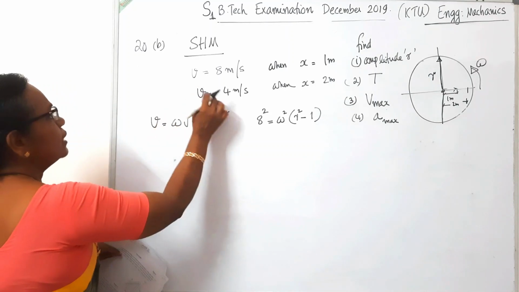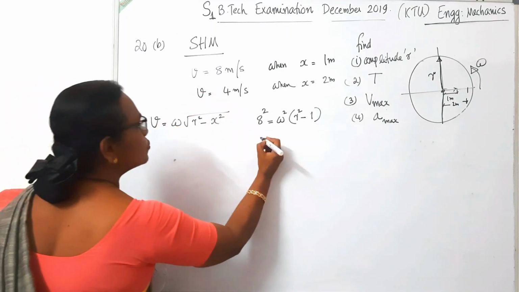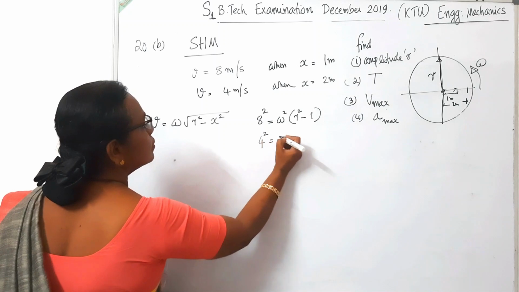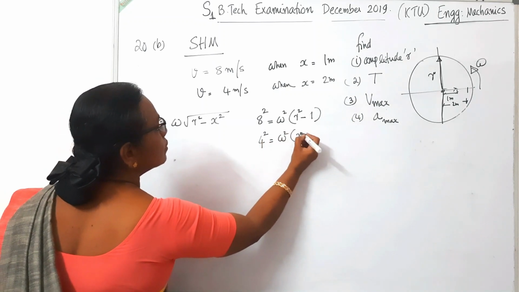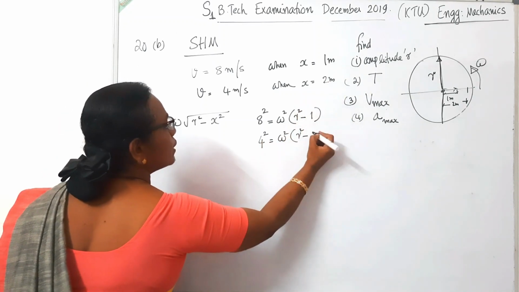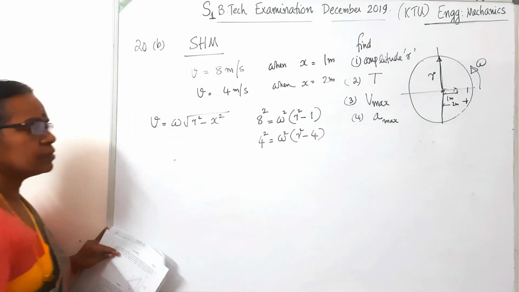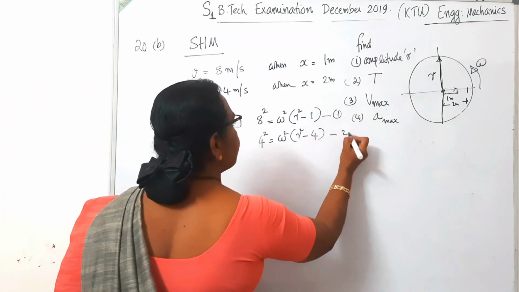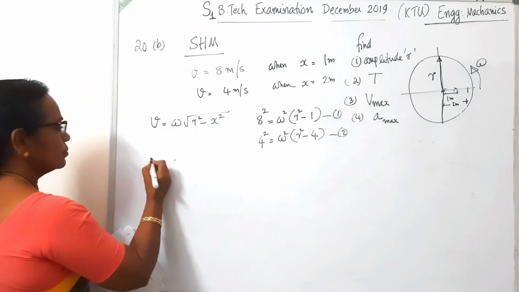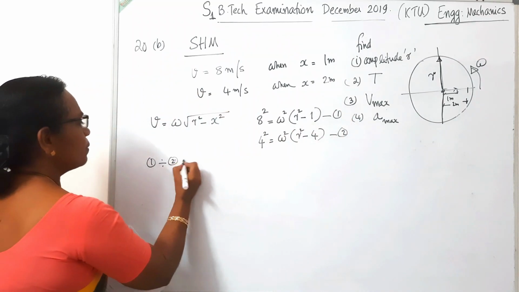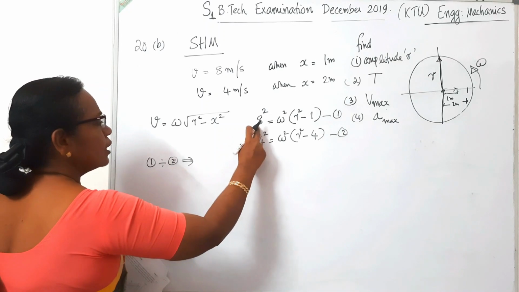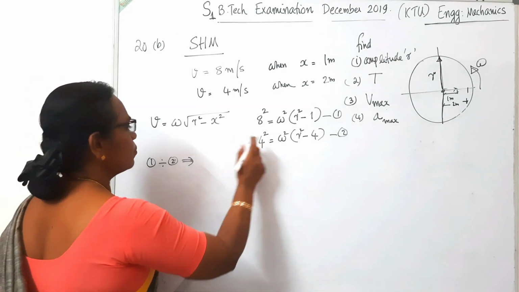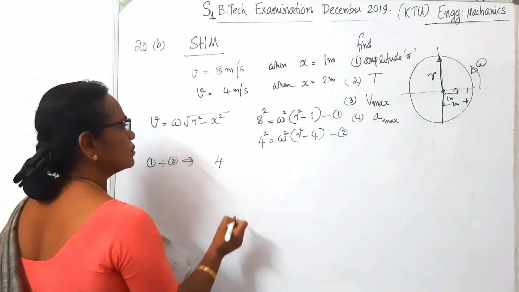The second case, v is 4: 4 square is equal to omega square into r square minus 2 square. So we have the two equations. Do 1 by 2. 8 square by 4 square is 4.